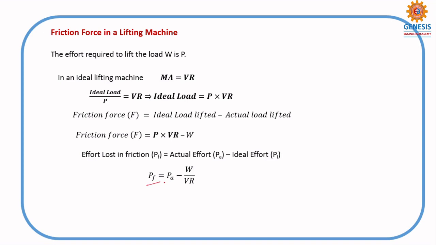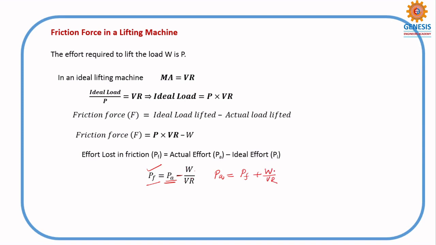So in this case, what I have to use is the same thing I have applied. The frictional force is equal to actual minus ideal. So this is your actual, and that means P, the actual effort applied, is W by V. You understand?